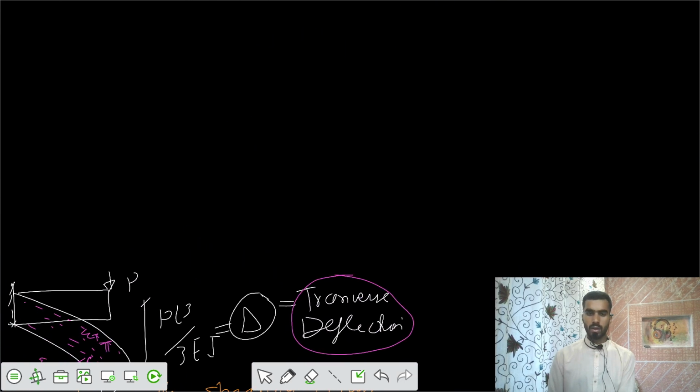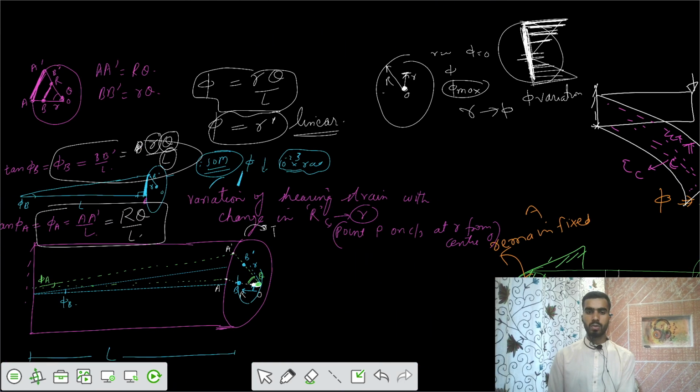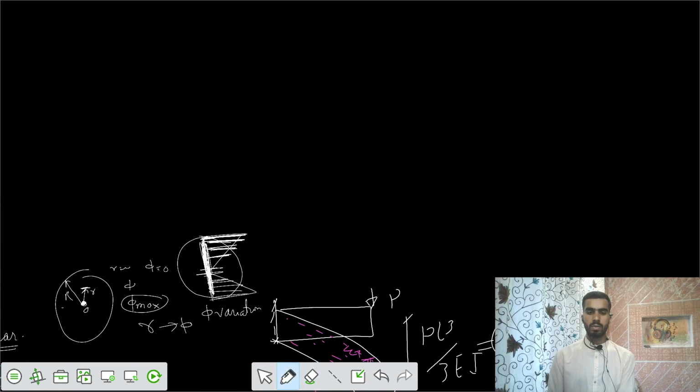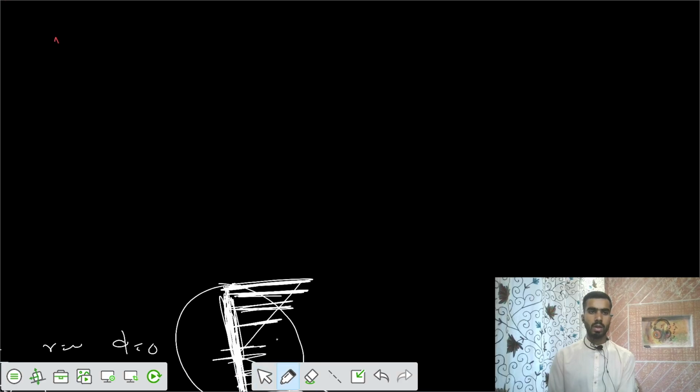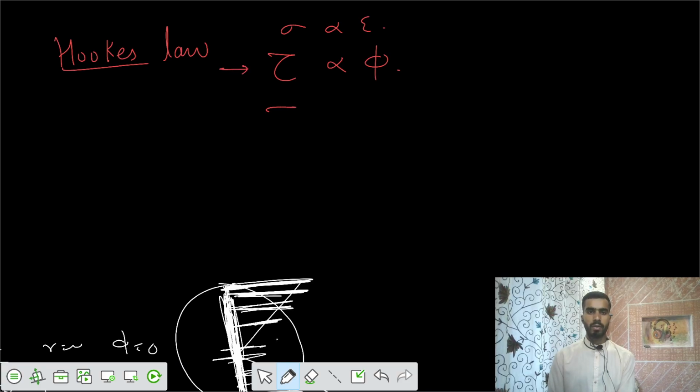Now, let's use Hooke's law. What does Hooke's law say? That stress is proportional to strain. That means shear stress is proportional to shear strain, and we have tau equals some value of G into phi, where G is your modulus of rigidity.